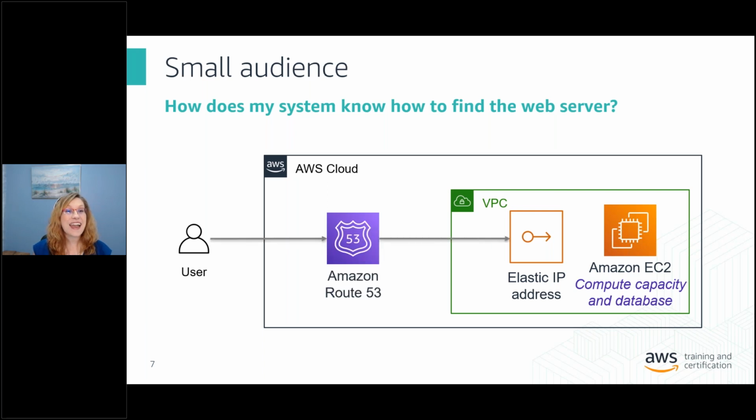Yep, I have to be able to route to it using DNS. AWS's DNS service is called Route 53. So I would configure Route 53 with the elastic IP address for my web instance, and that's what's going to provide me with the connectivity from my user into my web application.